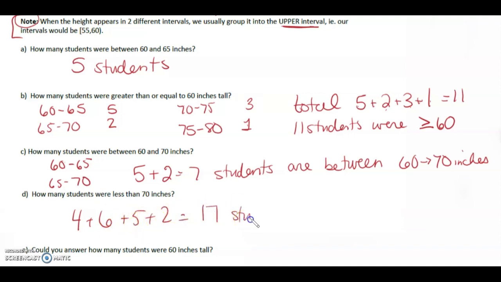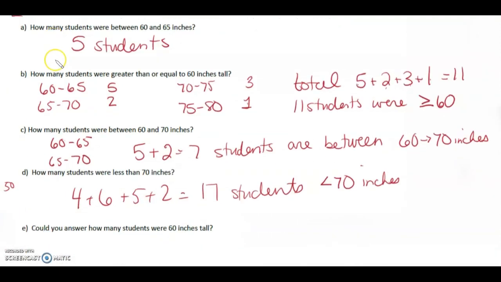Okay, so 17 students are less than 70 inches. All right, and just for a note, we included the 50 to 55 interval, 55 to 60, 60 to 65, and 65 to 70.